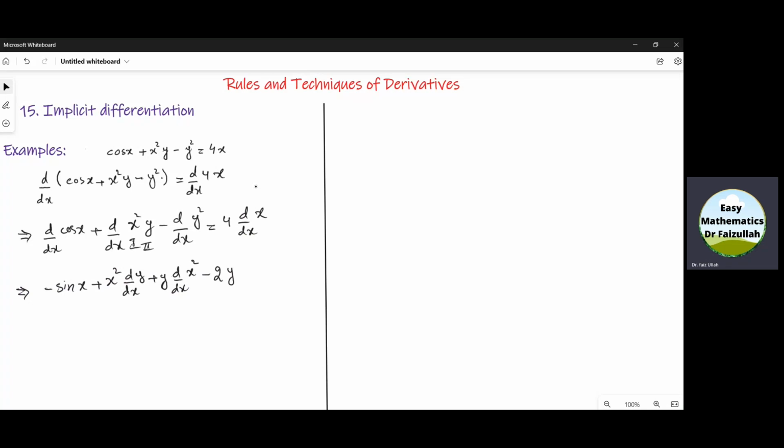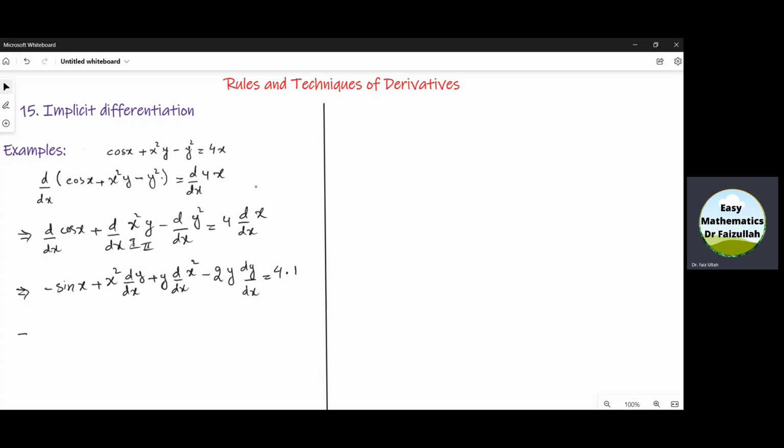So we write 2y power 2 minus 1, which is 1, and then inner differentiation dy over dx, which is equal to 4, because differentiation of x with respect to x is 1.